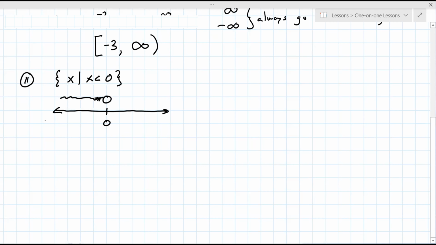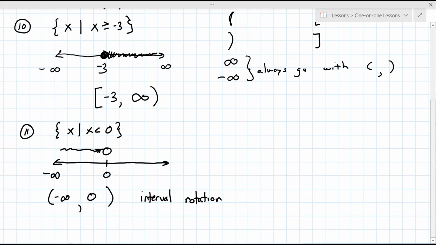That's right. So there's negative infinity over here to the left. So your two numbers here, because 0 is not included, it gets a parentheses. Negative infinity always gets a parentheses. So this is your interval notation. So 0 doesn't get a bracket? It does not, because it's not filled in.